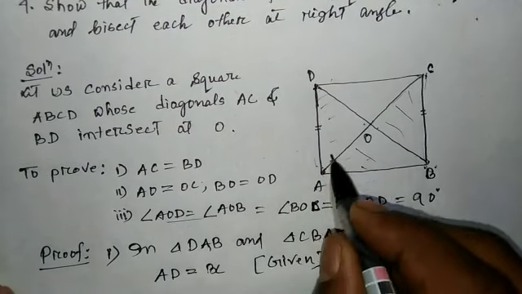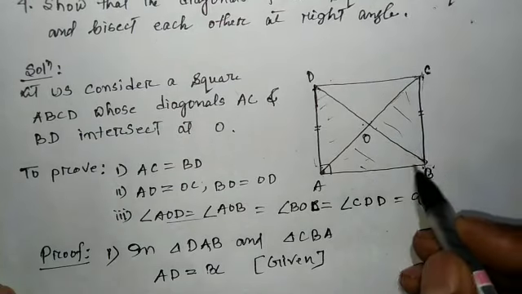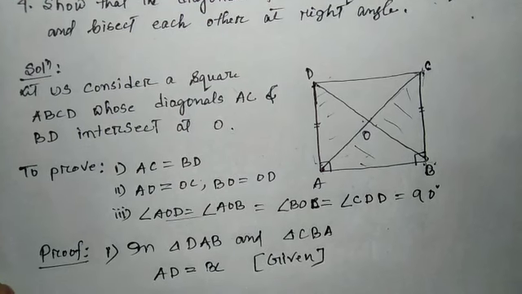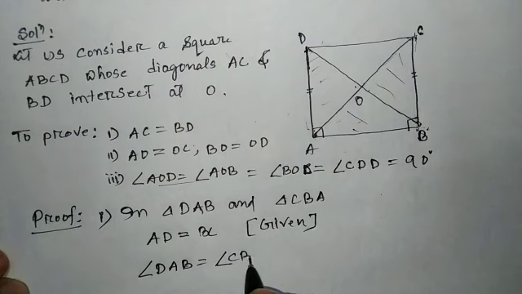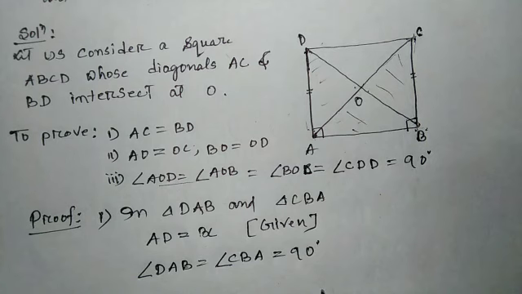Now see, in triangle DAB, this whole angle, and in triangle CBA, this whole angle is 90 degrees. So you can write angle DAB is equal to angle CBA. Why? Both are 90 degrees, because it is a square.